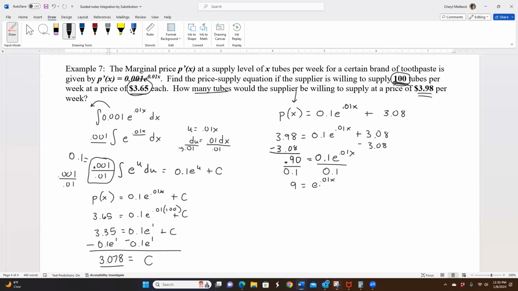To solve this, we know we need to convert to a log. So let's convert this to a natural log. So the natural log of 9 will equal 0.01x. To solve for x, we divide by 0.01.